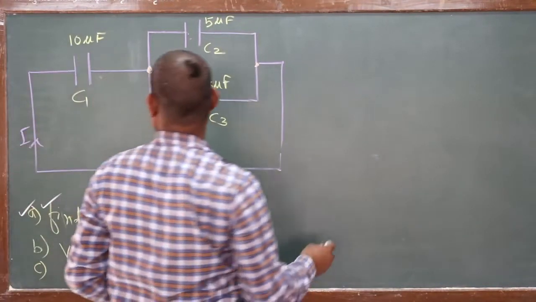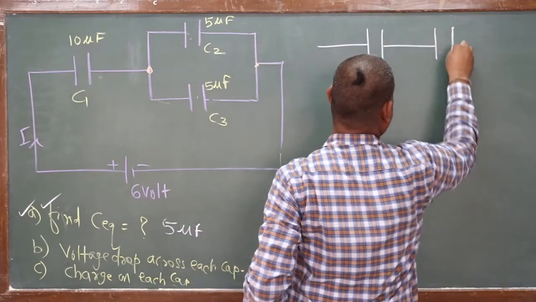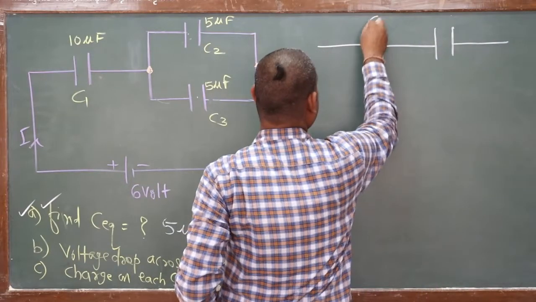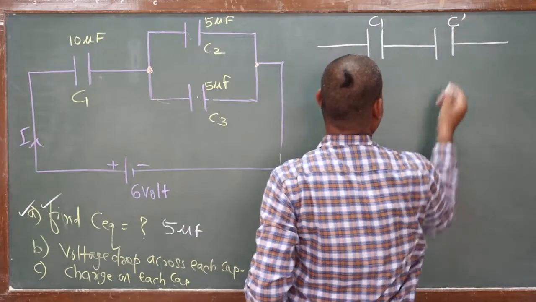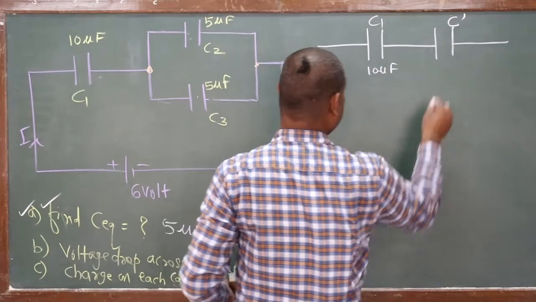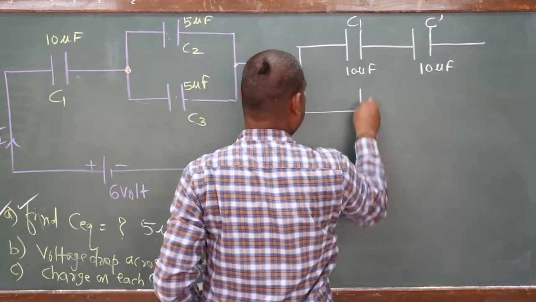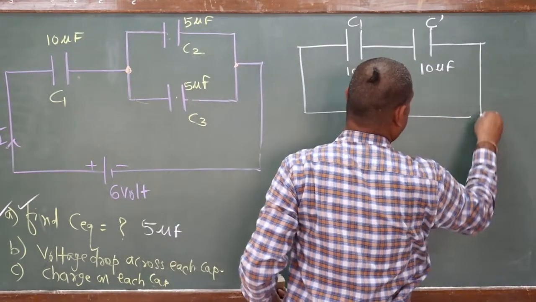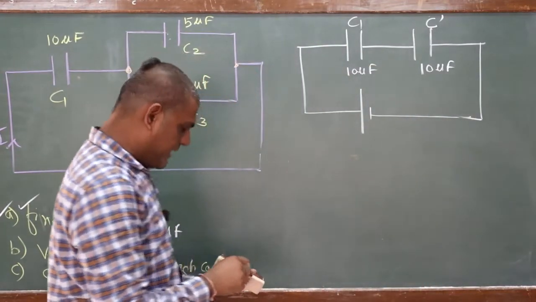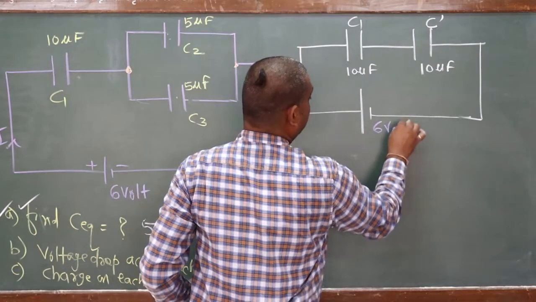So we will draw the diagram like this. It is C1, it is C dash, of 10 microfarad, also 10 microfarad. The battery is connected over here, a 6 volt battery.